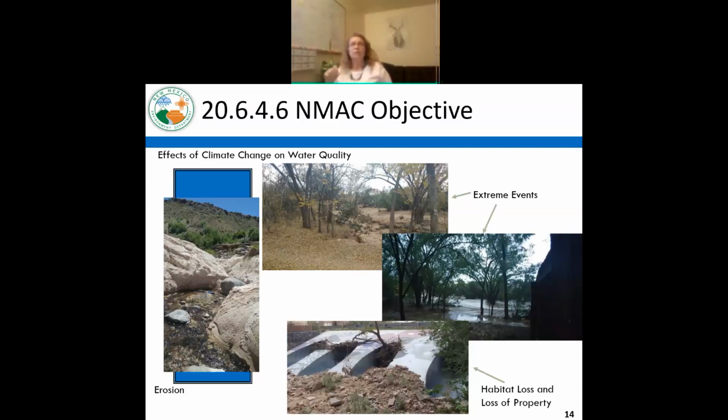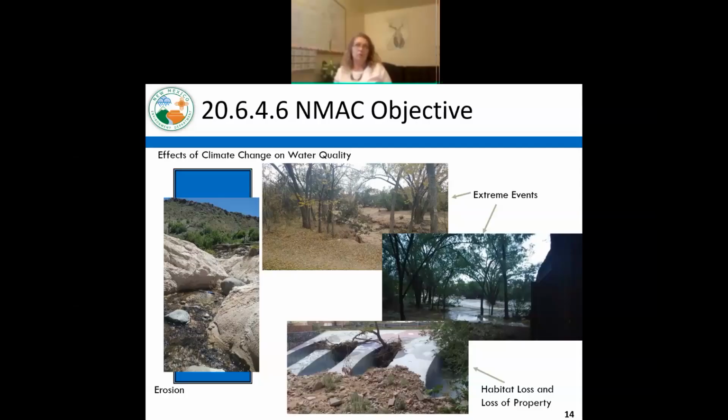Now, although the objective of the Clean Water Act and the regulations, particularly protections against degradation, inherently carry the intent of resiliency to climate change, it's vital to clearly call out the global and existential threat to our state's waters. These photos are examples of how climate change impacts water quality and some of the work that needs to be done to protect it.